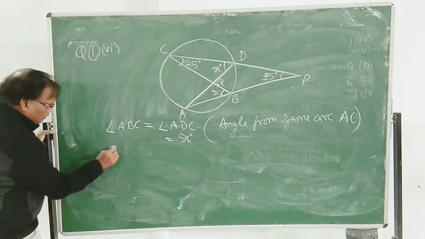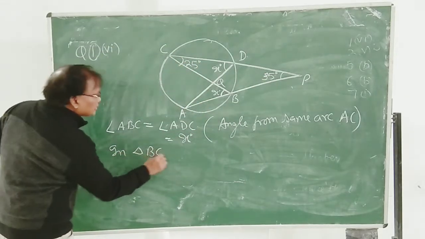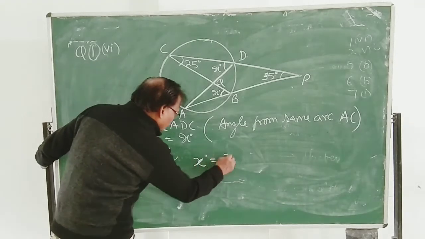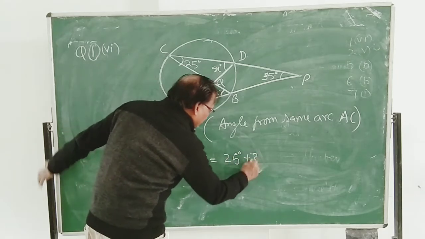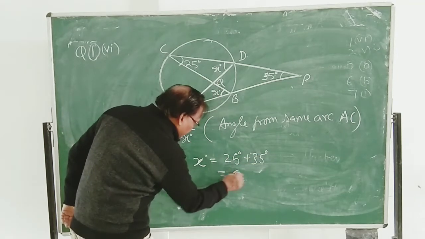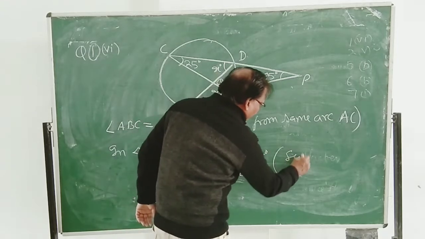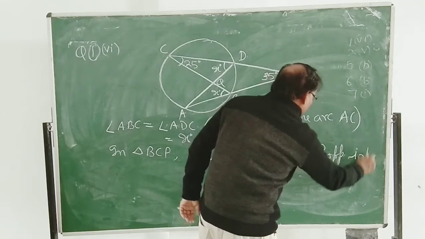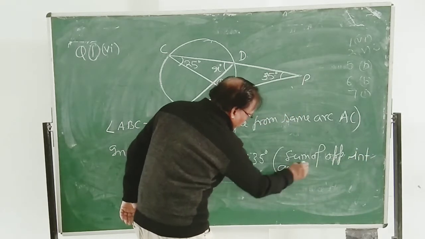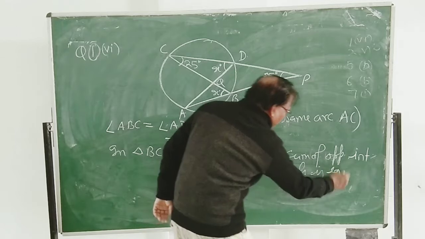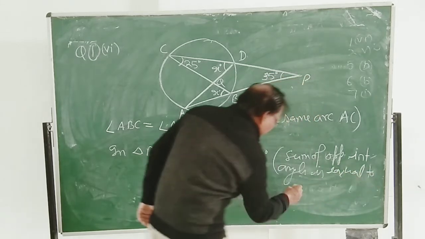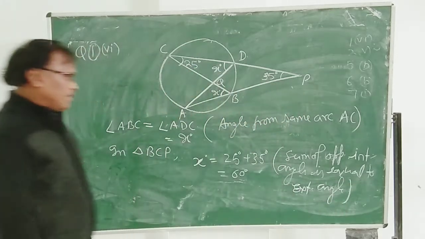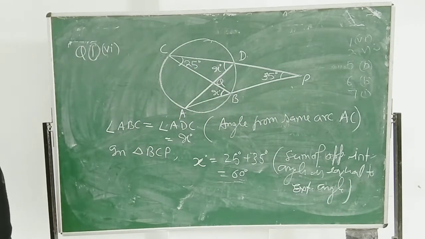So in triangle BCP, x is equal to 25 plus 35 is equal to 60 degree, sum of opposite interior angles is equal to exterior angle. By this way x is equal to 60.